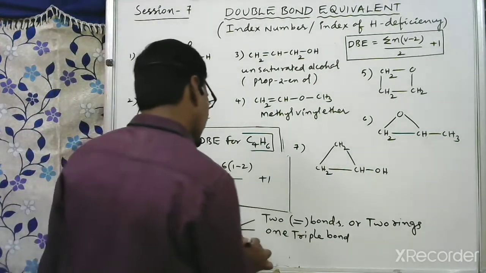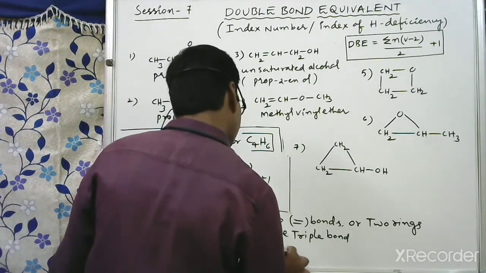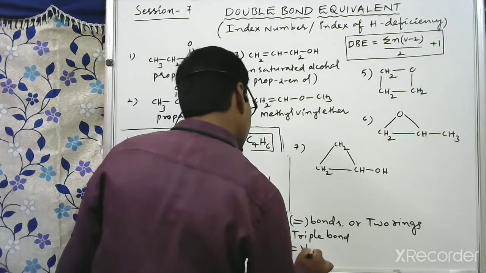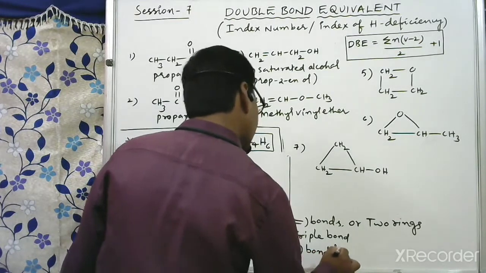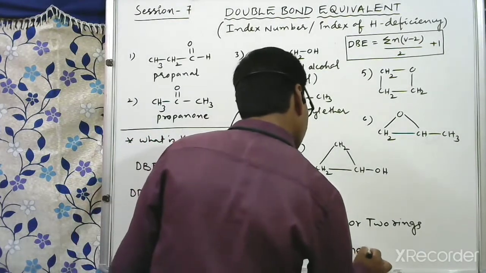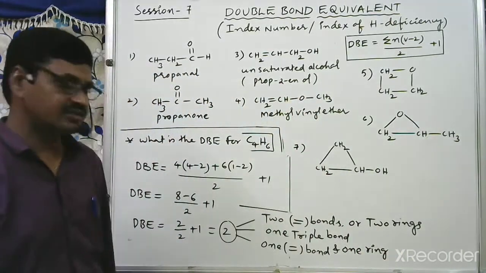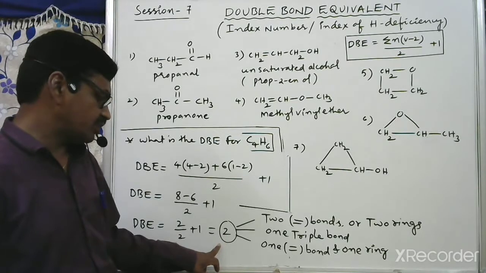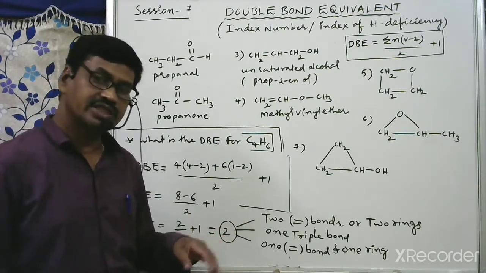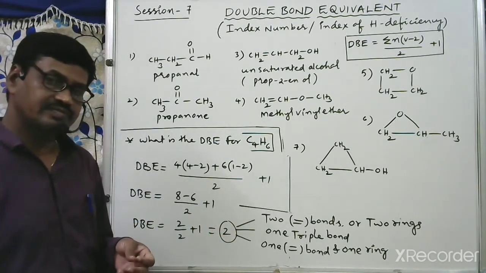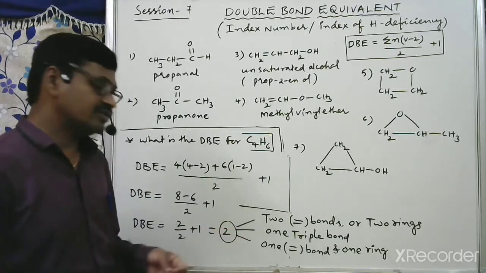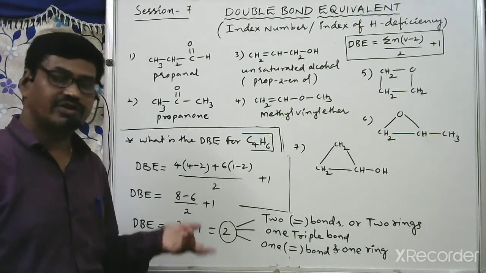Then one more is one double bond and one ring combination. One double bond, one ring also we can write. So here double bond equivalent 2 means it may contain two double bonds, it may contain two rings, it may contain one triple bond, it may contain one double bond and one ring combination.